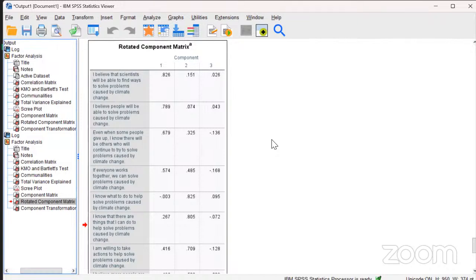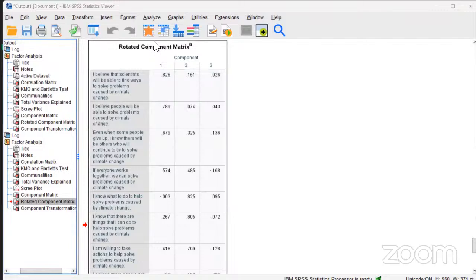So all are focused on reducing the problem with climate change, some correlation there. Yeah, thank you, madam. So what we have observed is that these two items are giving importance to problem solving, and both items are giving importance to climate change. Therefore, they are correlated with each other.